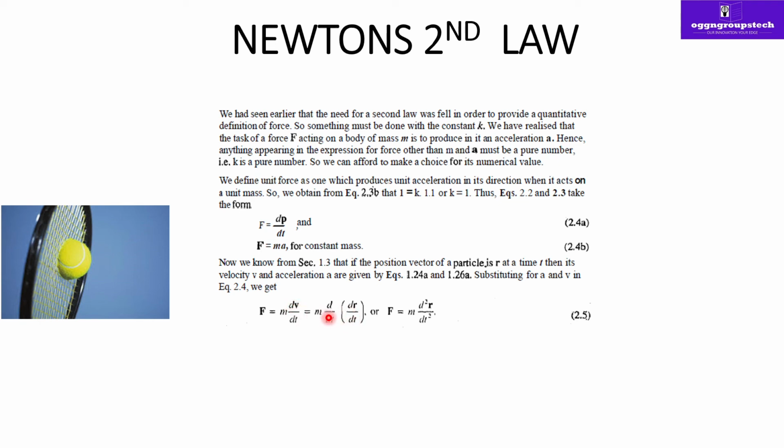So m d by dt into dr by dt. So this whole term you can write it as F is equals to m d square r by dt square. So the force in differential form, it could be written like this.